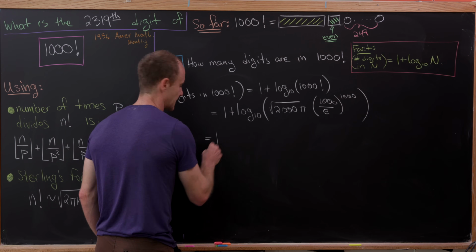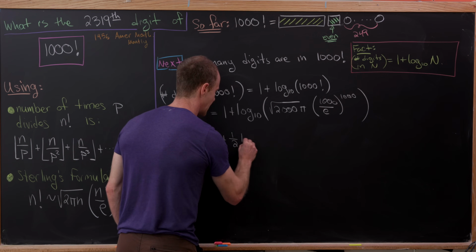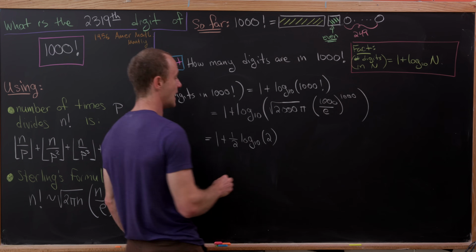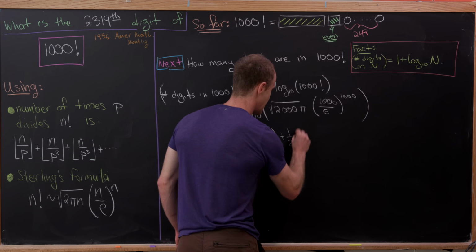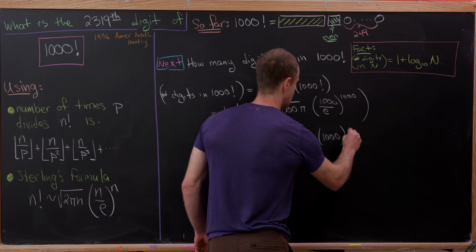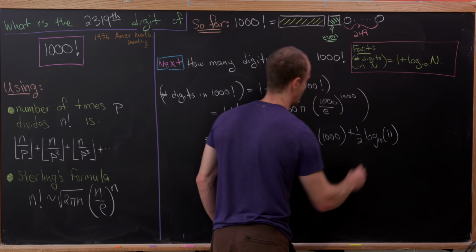That's going to give us something like this: 1 plus 1/2 times the log base 10 of 2, plus 1/2 times the log base 10 of 1,000, plus 1/2 times the log base 10 of pi.